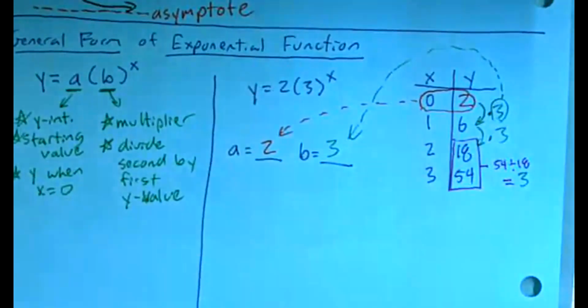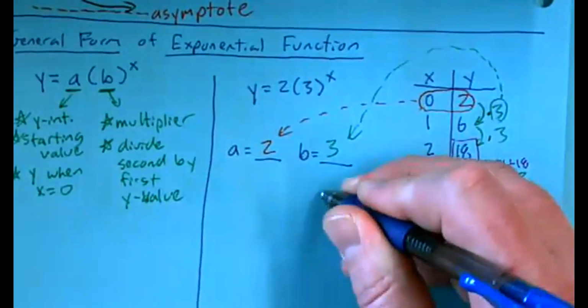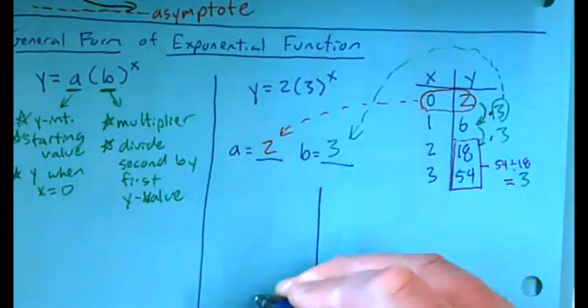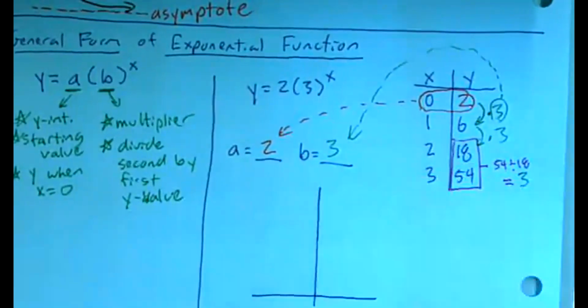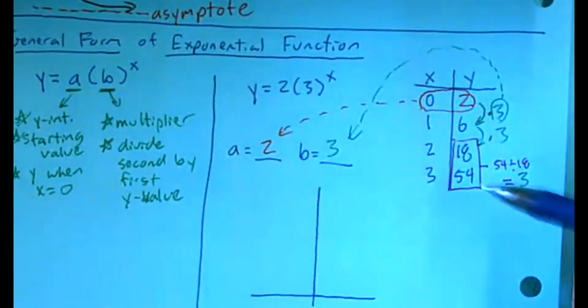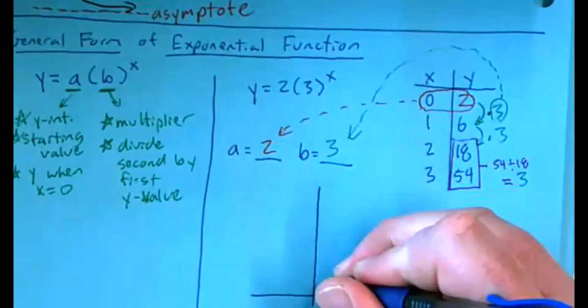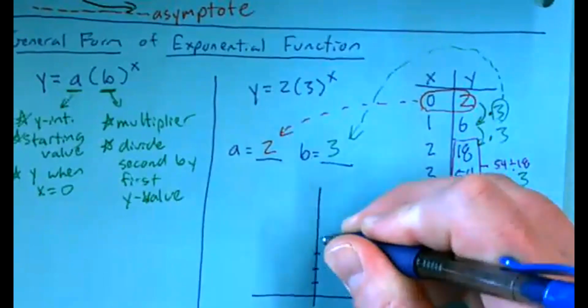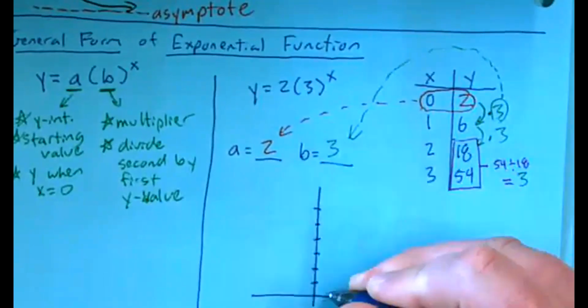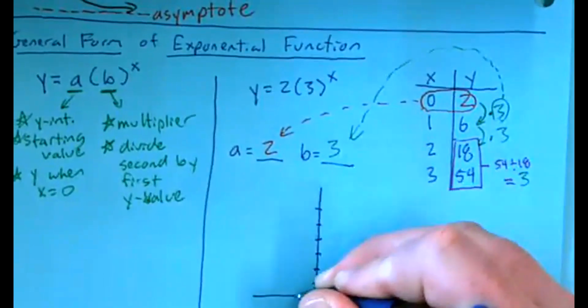And then we should probably make ourselves a graph here too. I'm going to make sure we have enough space to get our y-intercept and that first point on it. So I need to go up 6 again: 1, 2, 3, 4, 5, 6.